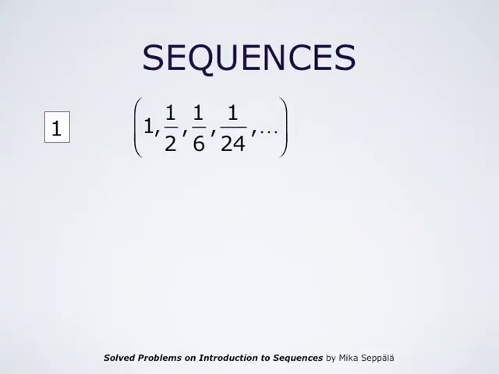In problem number 1, we consider the sequence 1, 1/2, 1/6, 1/24, and so forth. We have to find the general rule that defines this sequence so that we actually can say and so forth. So we have to find the expression a_n that gives 1, 1/2, 1/6, 1/24 when n is 1, 2, 3, or 4, and which expression is simple.